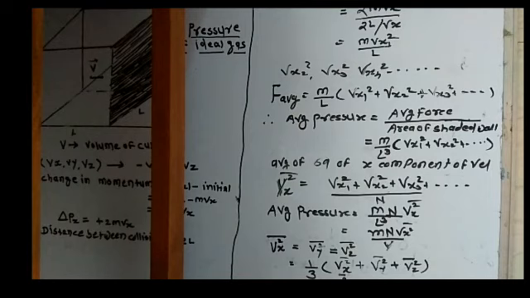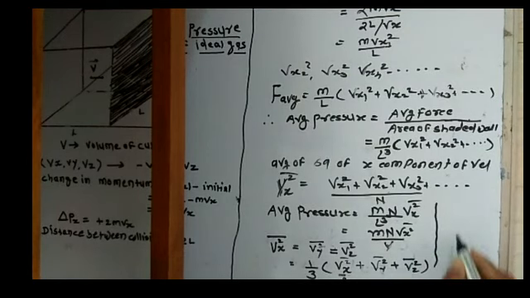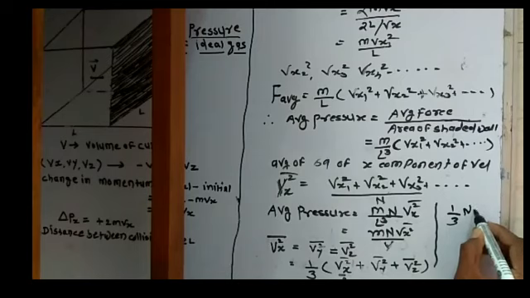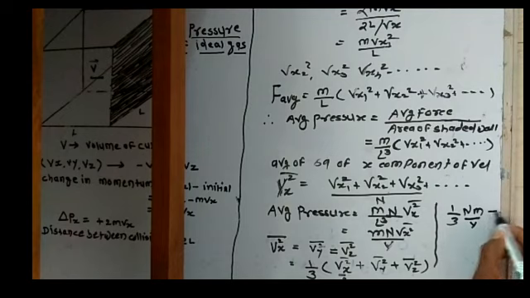In this way we get the final expression of average pressure, that is equal to 1 by 3 n m by V bar V square.